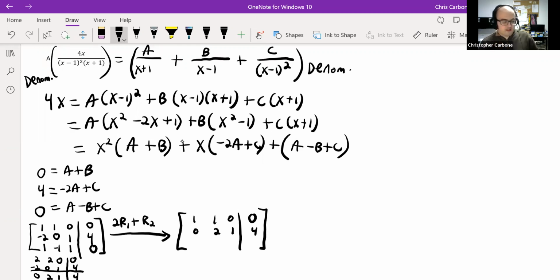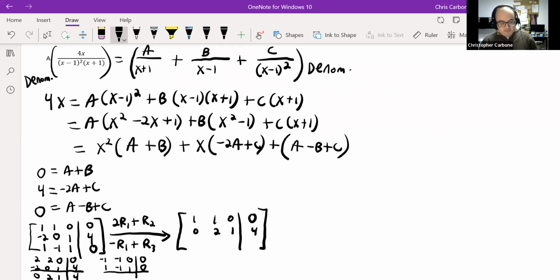And we could also do at the same time, might as well, the negative of the first row plus the third row. So multiplying the top by negative 1, that's negative 1, negative 1, 0, augmented with 0. Then we have the third row, 1, negative 1, 1, 0. And now we're going to add those down.